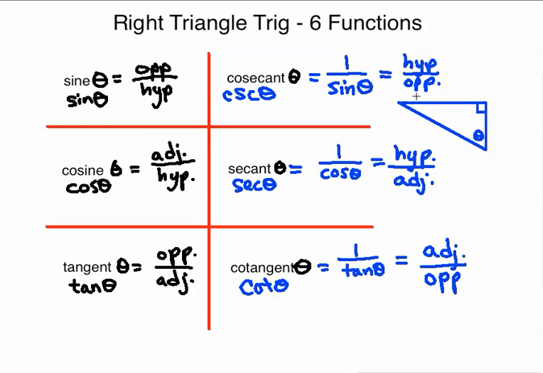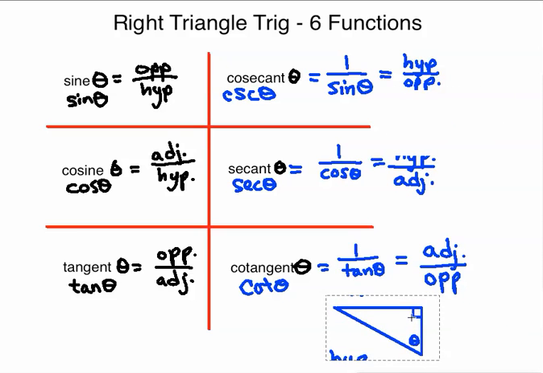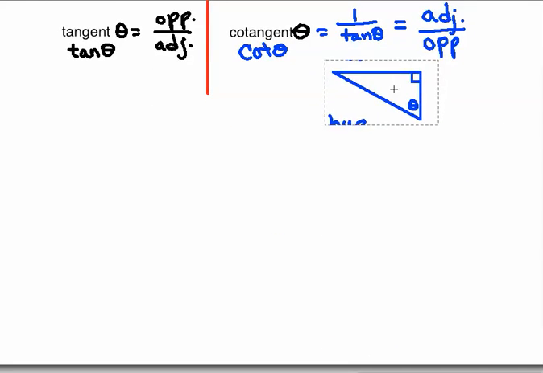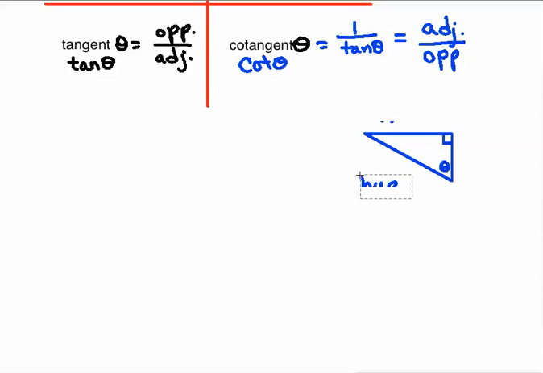So let's look at an example here. I'm going to take this down with us. Now let's say you were asked to find all 6 trig functions for the following right triangle. Let's make it just standard 3, 4, 5. So if we're going to find the standard functions, first we need to list them out.